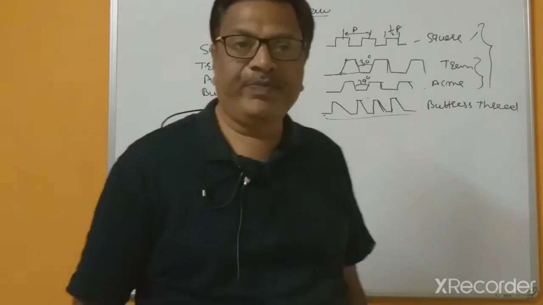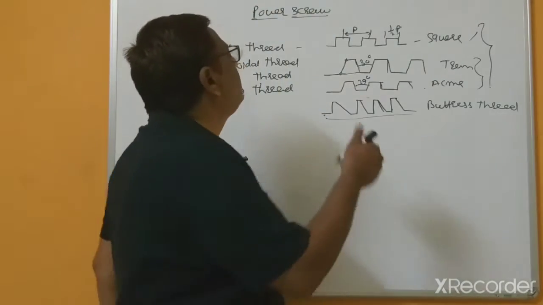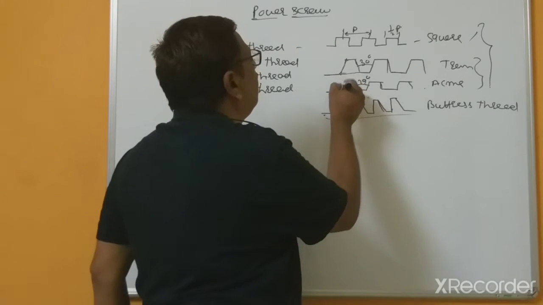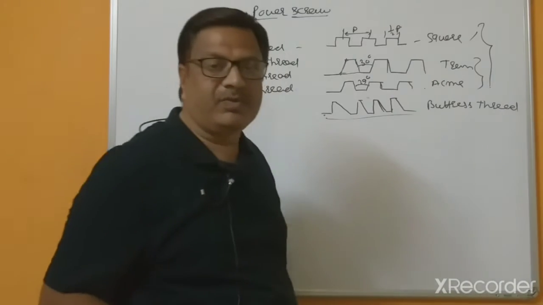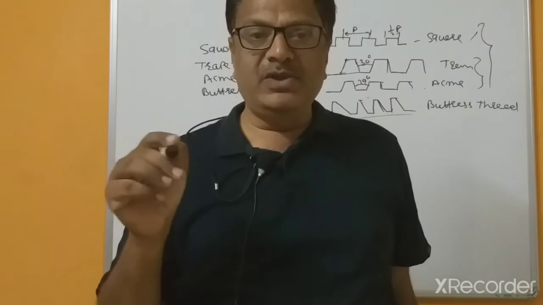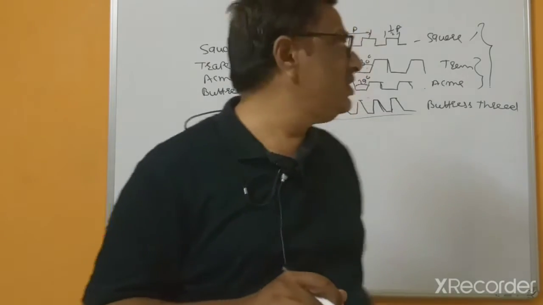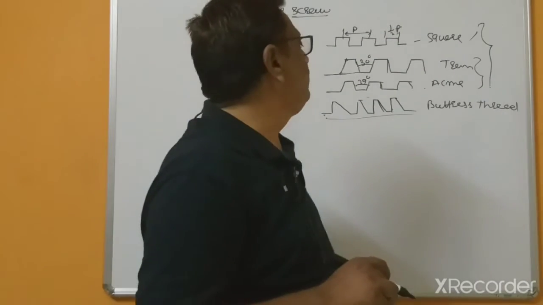If this area is large, because this is H, then during fluctuating loads, the loosening of the nut and bolt is less as compared to square threads.